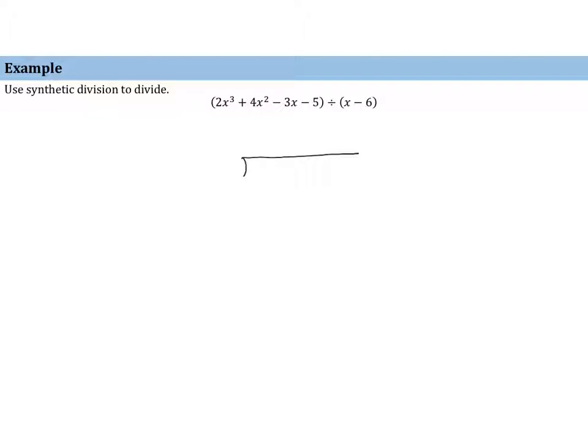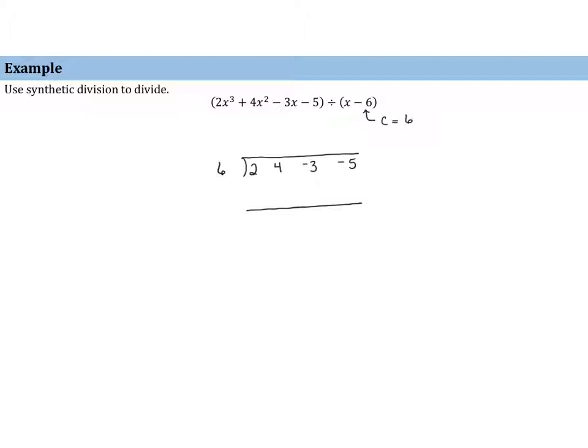So the coefficients of the dividend are 2, 4, negative 3, and negative 5. We've already said that here c would equal 6. So that number, 6, goes outside. We now reserve 2 more lines underneath this first line. So we will have numbers that will be here and numbers that will go here.